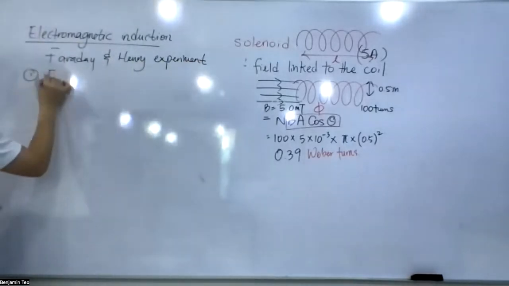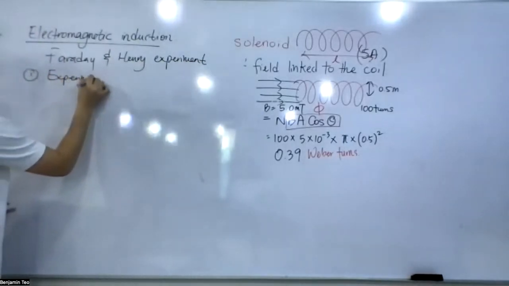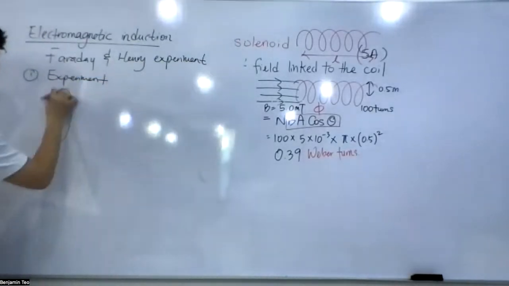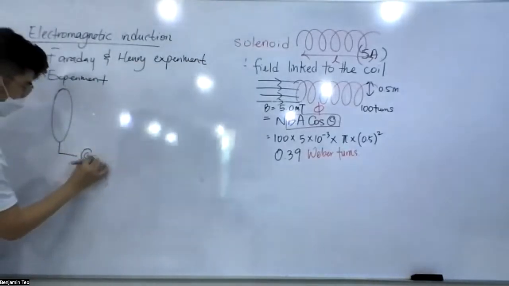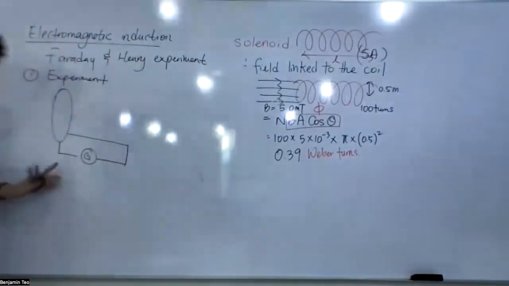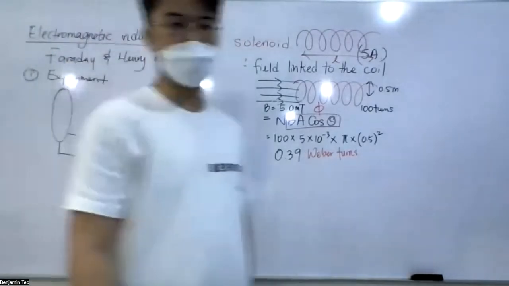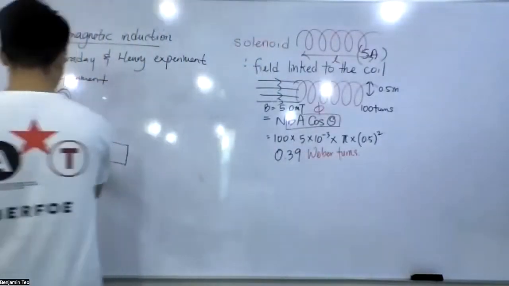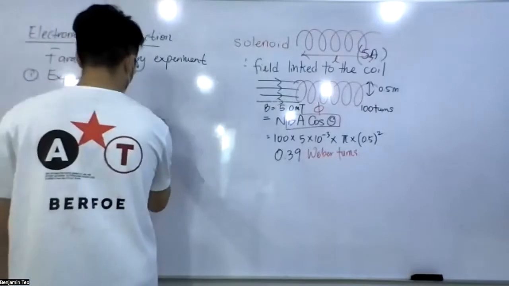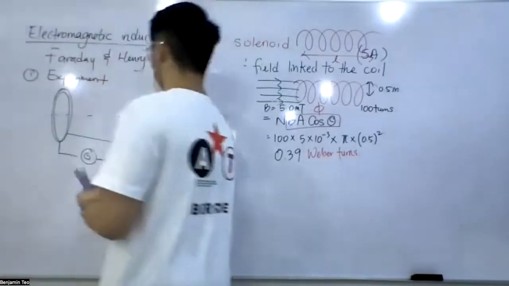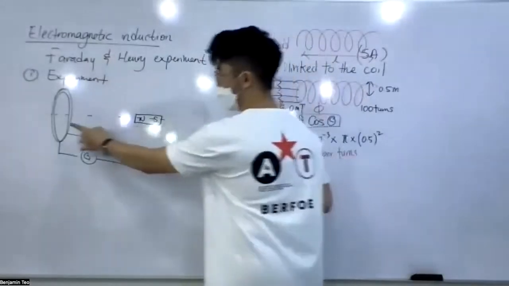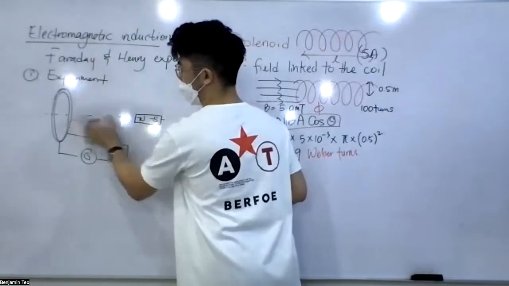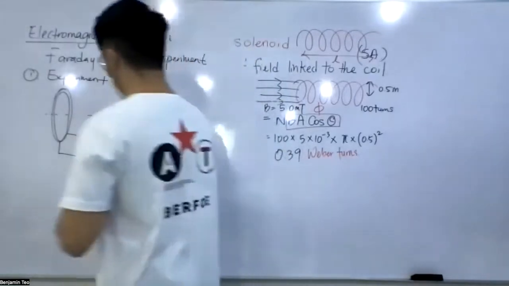Okay. Experiment number one. What they did is they take a coil and then connect it to a meter. This is to measure whether there's current flowing or not in the coil. And then they take a magnet, starting from a distance from the coil, and slowly push close to it until here, stop.